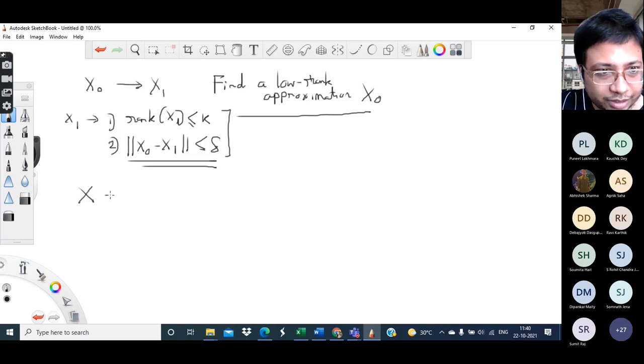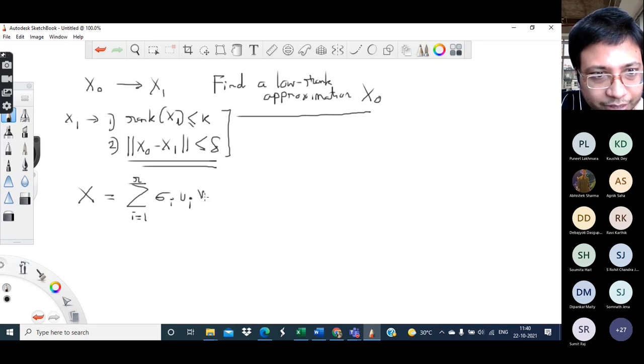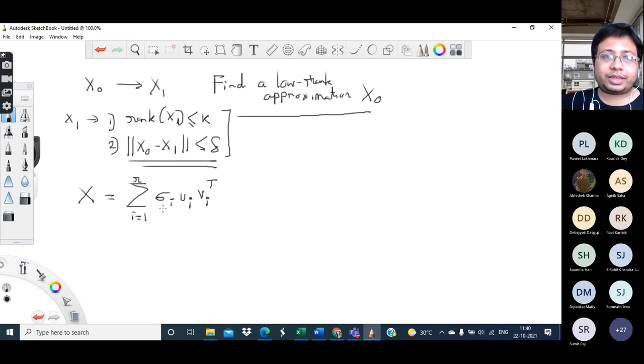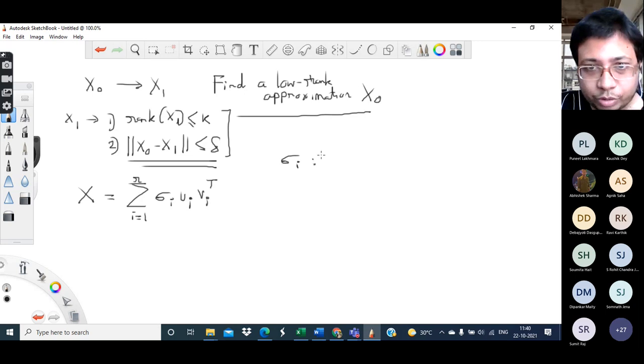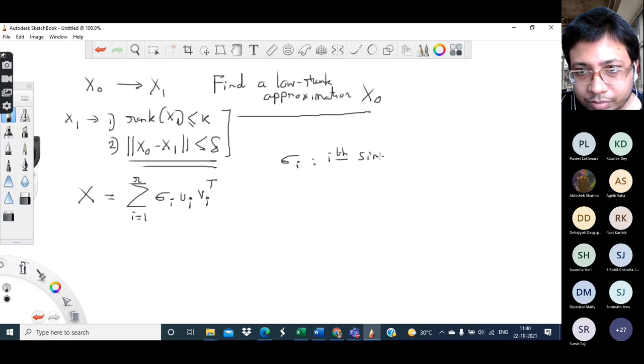If you remember, yesterday we wrote down x as the sum for i equal to 1 through r of sigma i ui vi transpose, where sigma i is the ith singular value of x.